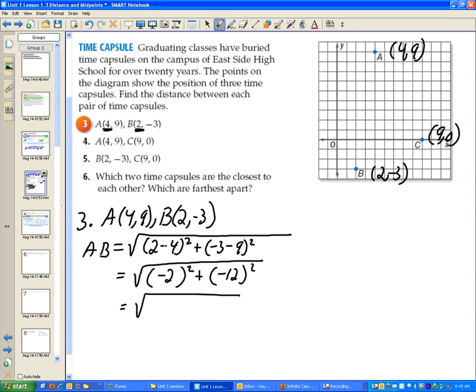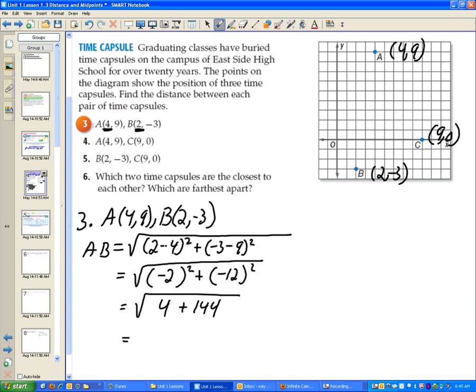Now, following the order of operations, exponents. What's -2 squared? It's +4, because to square something means to multiply it by itself. So -2 times -2 is +4 plus, and what do you get when you square -12?